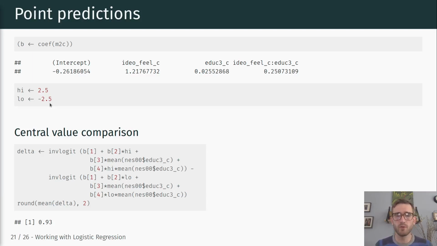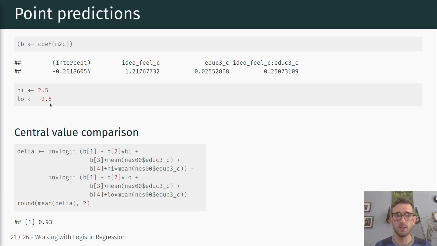And now if we want to evaluate to what extent this change in our ideology score leads to a change in the predicted probability to vote for the Republican candidate, we can follow both strategies that I outlined previously.